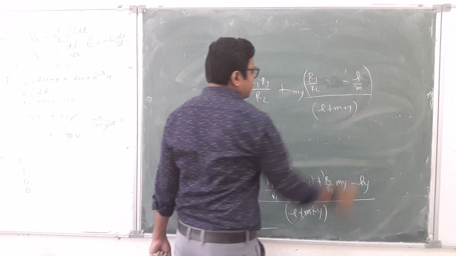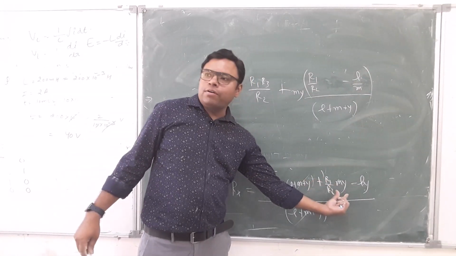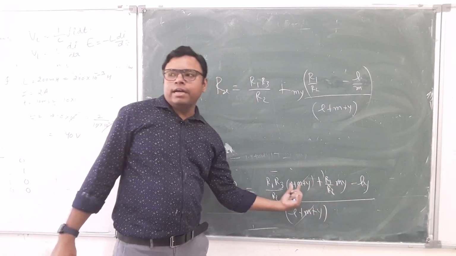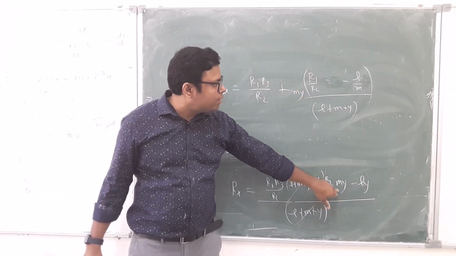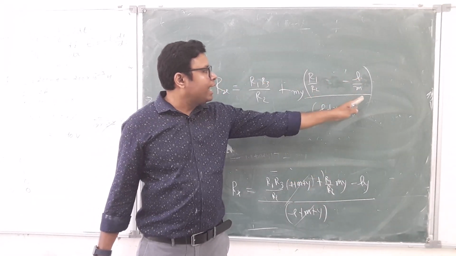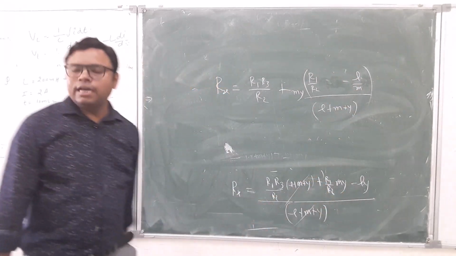This you can do or not? Take out the My from here. Make the My common. So when I multiply My, this will be R1 by R2 into My minus M will cancel out Ly. Here I come.